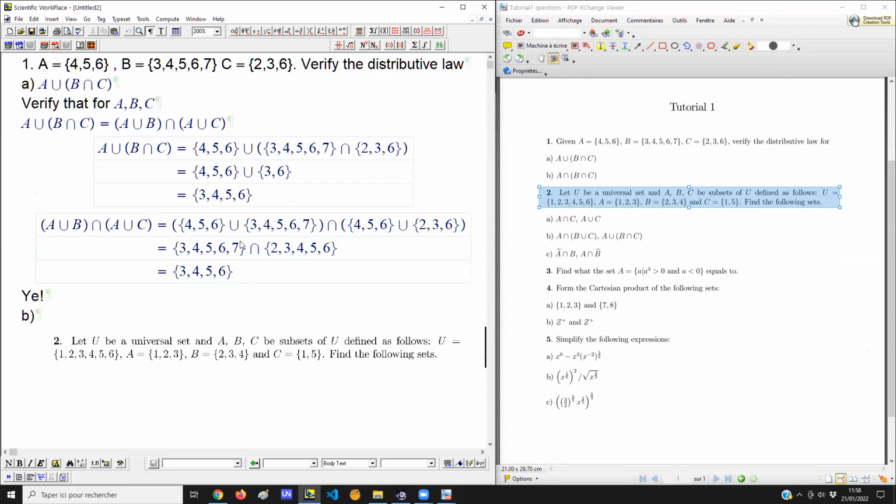Did I put the same? Oh no, they are different. Actually that would have been good to just copy it. So U is 1, 2, 3, 4, 5, 6. A is 1, 2, 3. B is 2, 3, 4. And C is 1, 5.